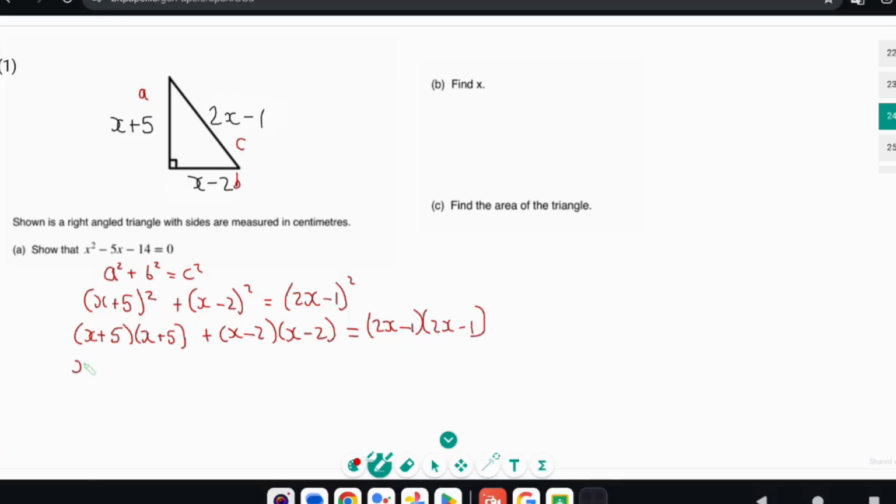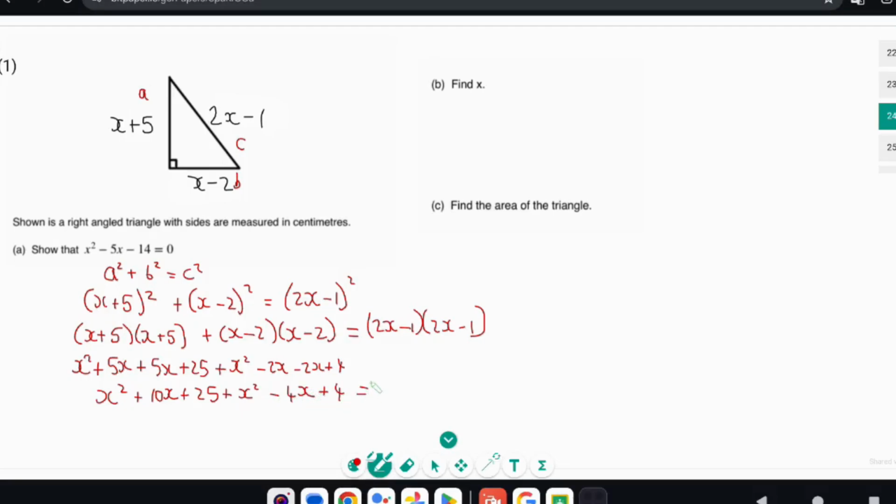So we have x squared plus 5x plus 5x plus 25, which simplifies to x squared plus 10x plus 25. If we expand our brackets here, we get x squared minus 2x minus 2x plus 4, which simplifies to x squared minus 4x plus 4.